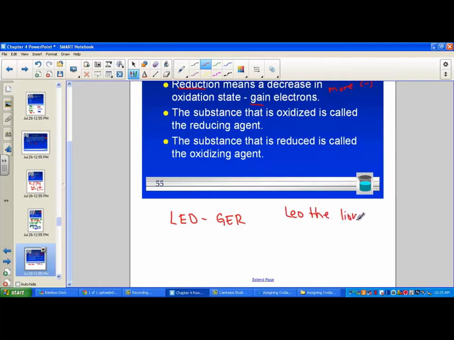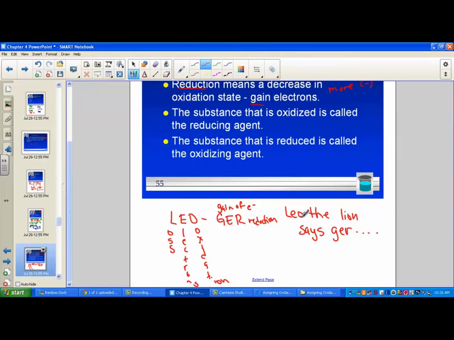Leo the lion says Ger. Leo, loss of electrons, is oxidation. And Ger, the gain of electrons, is reduction.